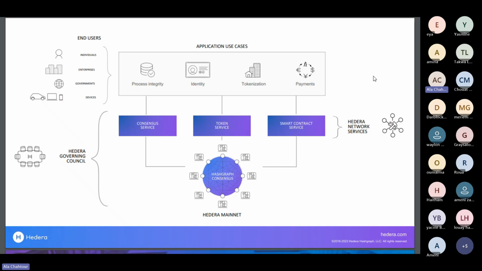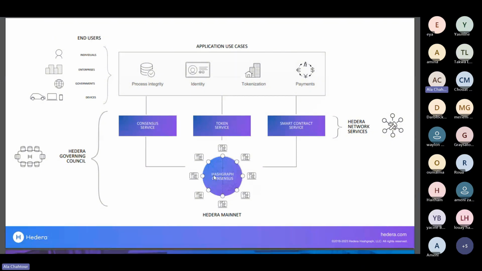Now, this image demonstrates the whole ecosystem of Hedera, starting from the users, to the network, to the services provided by Hedera, and ending with the mainnet network, where all the data are stored.